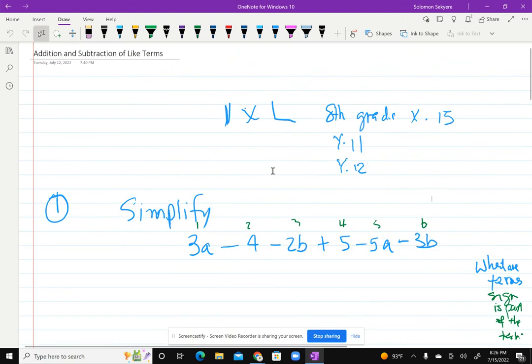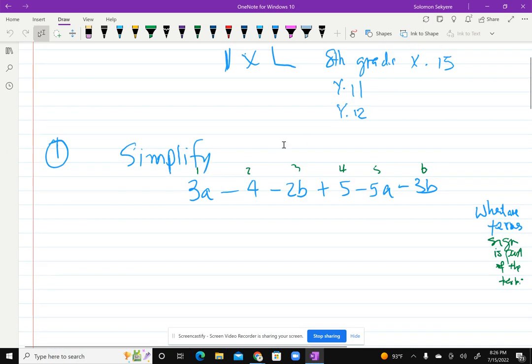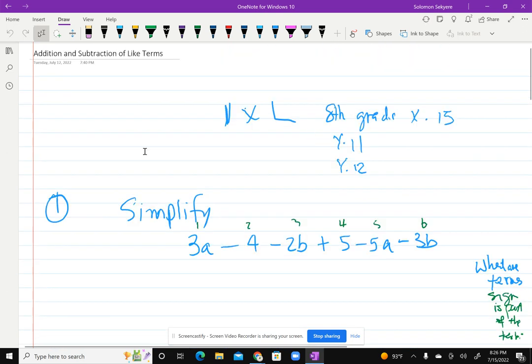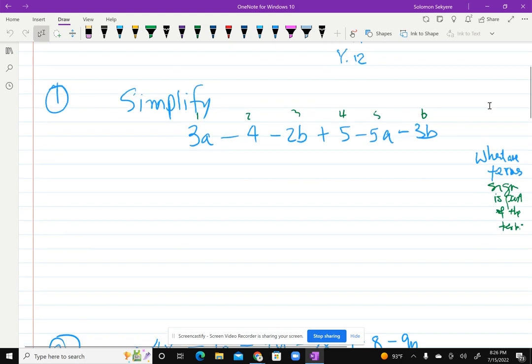Okay, so now that we have done the four operations with integers, namely addition, subtraction, multiplication, and division, let's work on addition and subtraction of like terms. So what are terms?